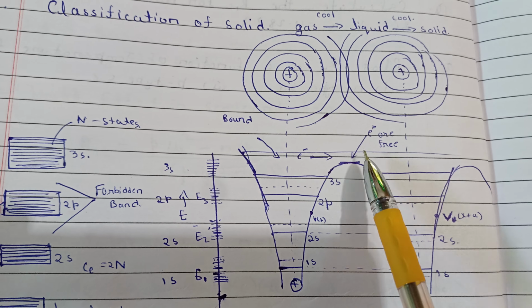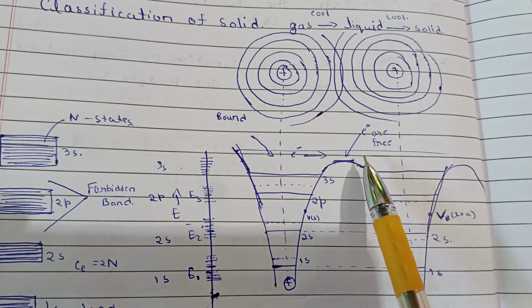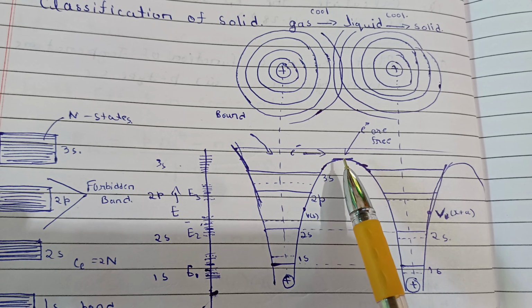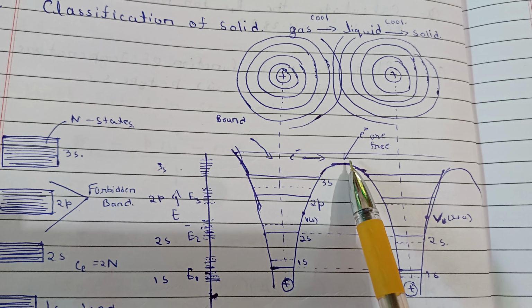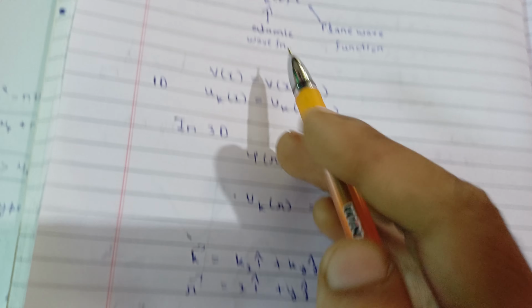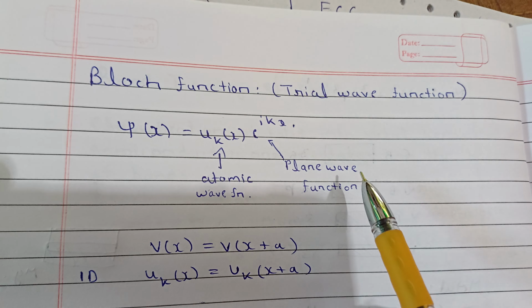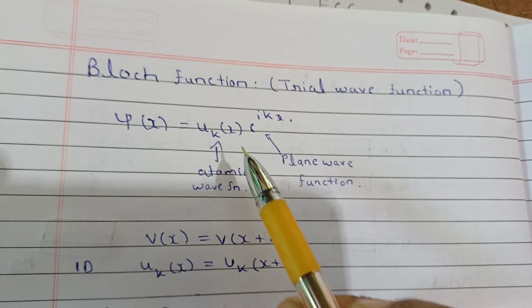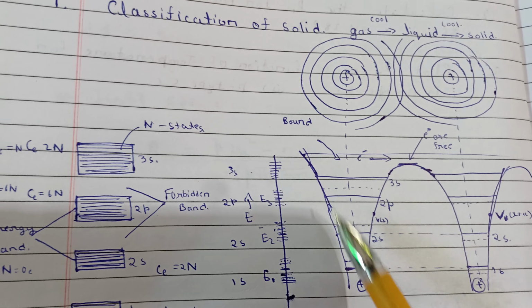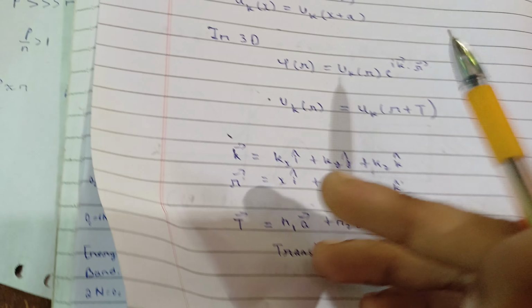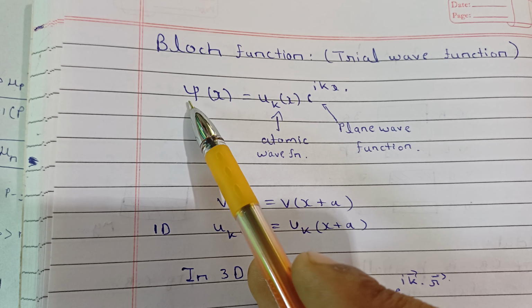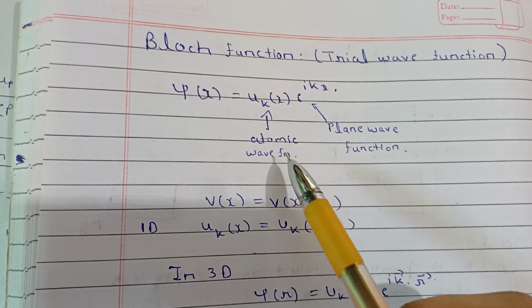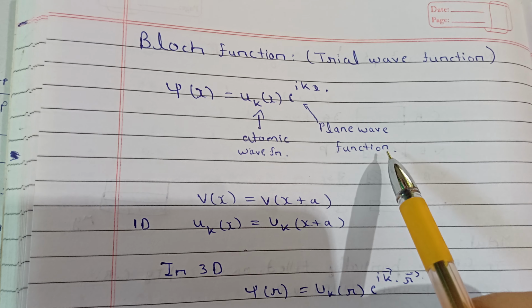So in this particular area the electron will be free to move. And you know that the solution of the Schrodinger equation for the free particle is e to the power ikx. We call it the plane wave function, and in this region it is called the atomic wave function. So the whole Bloch function will be the product of the atomic wave function and the plane wave function.